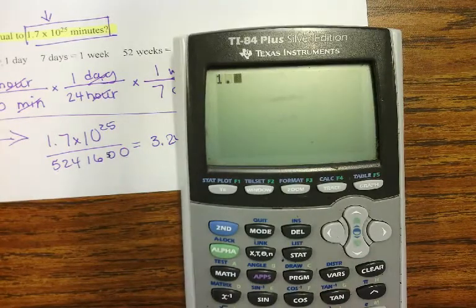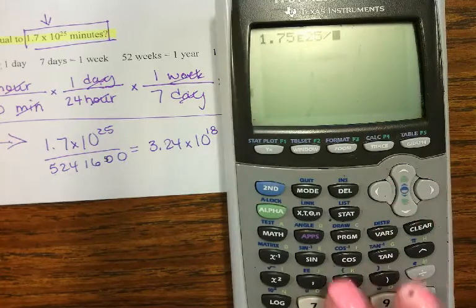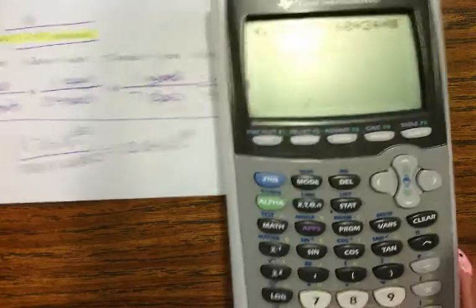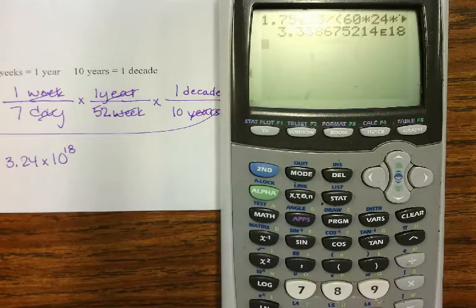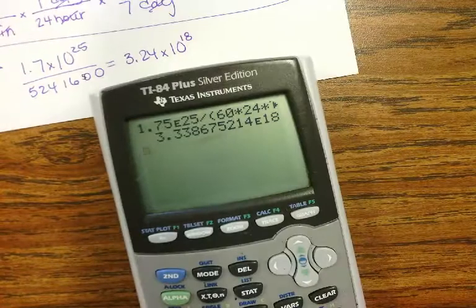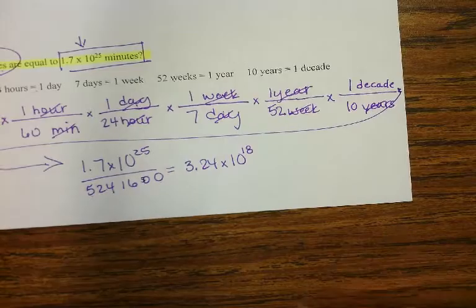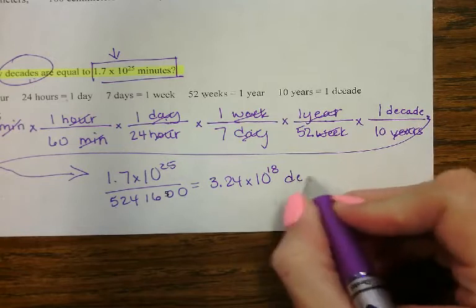If it just doesn't look right, you got to try it again. 1.7 times 10 to the 25th divided by, let's put them all in parentheses, 60 times 24 times 7 times 52 times 10. Close the parentheses. Yep. Even though it doesn't look right, it is right. So, always feels good when the teacher gets it right, right? But if I have a question, I'm going to check it anyway. Okay, that's a lot of decades.